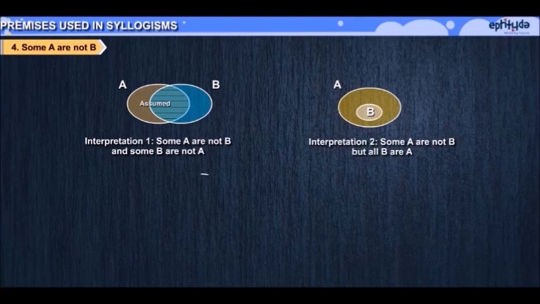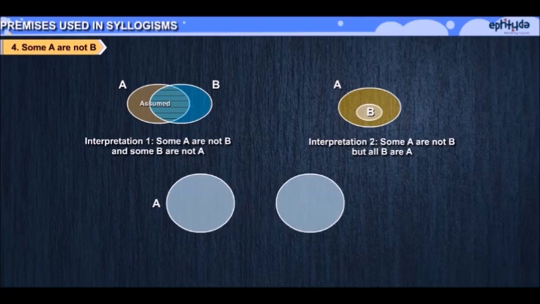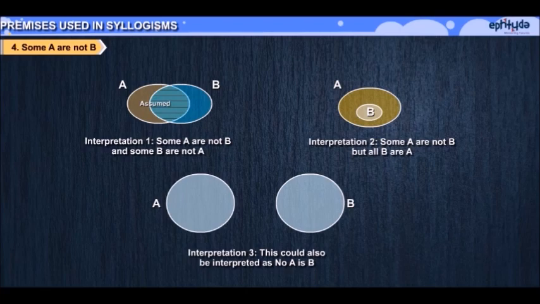Some A are not B. Just like in statement 2, if we read this statement, we automatically conclude that some A are B, while some A are B is definitely a possibility. It is not a conclusion. Some A are not B could also mean no A are B, and therefore some A are not B is open to 3 interpretations or meanings.